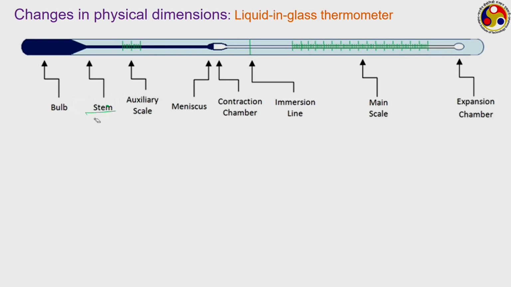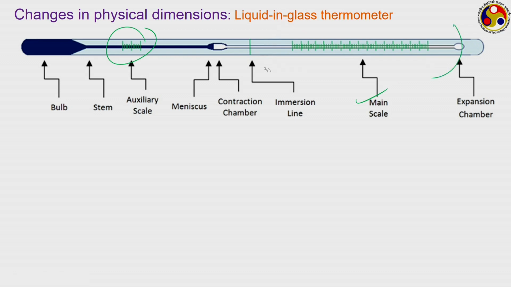Then we can have an auxiliary scale. This auxiliary scale is actually an optional item, and it refers to a scale which is well below the main scale. This is the main scale, which is the zone of interest or temperature range of interest.